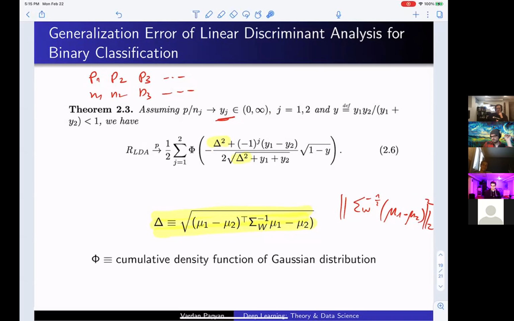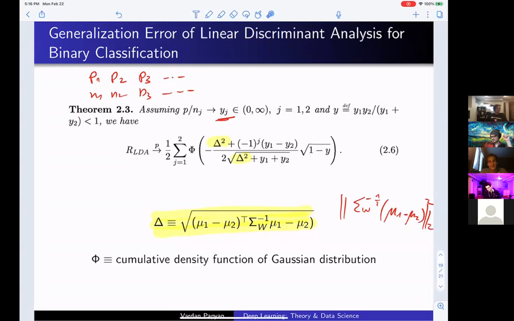In fact, it's possible that when they say RLDA, the R stands for misclassification and LDA is the algorithm. So I don't think they even mean regularized LDA here. It's very unfortunate they use this notation, because they're using RLDA to mean the misclassification of the LDA algorithm, not the regularized LDA. This might have been very confusing in my presentation.